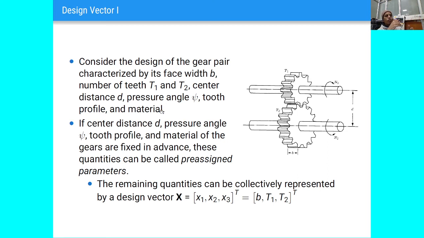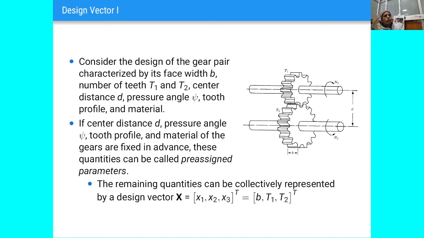Out of these variables, suppose we have fixed the center distance d, pressure angle psi, tooth profile and material of the gear while designing the meshing of these two gears, in advance.